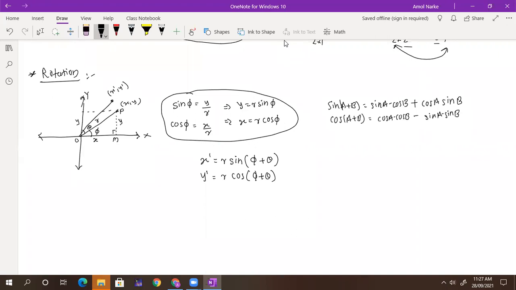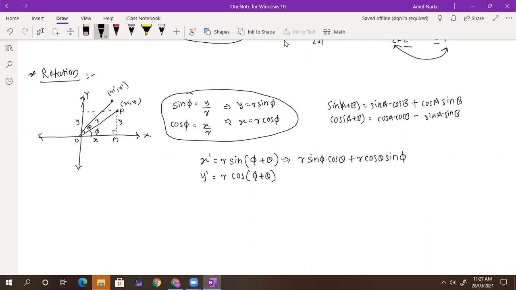So I apply it here. R remains as it is. Using the formula for sine, it becomes R into sine phi cos theta plus R into cos phi sine theta.